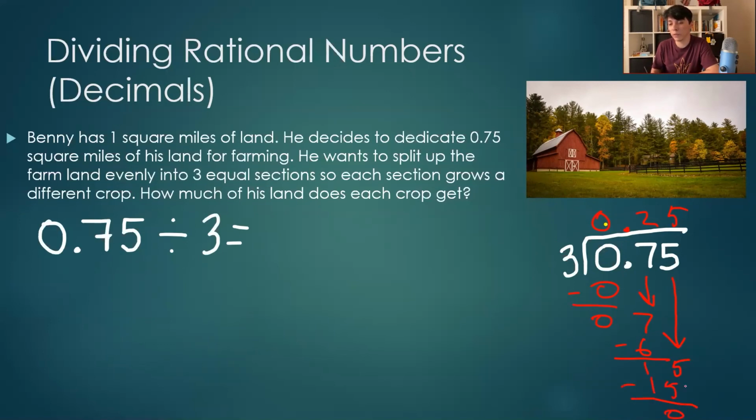And we're left with 0 here, so we have nothing else to go into. So our answer is each crop gets 25 hundredths of the square miles of land for each crop.